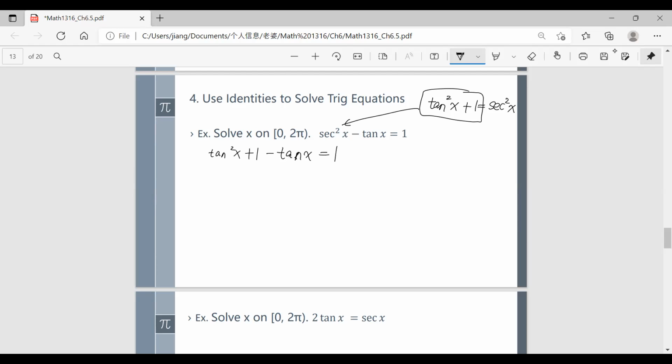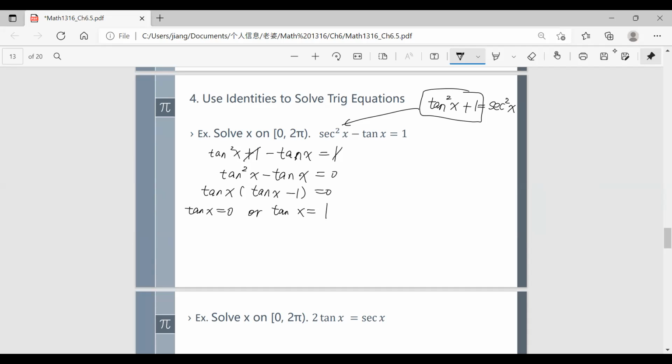And then 1 and 1 cancel out because I can minus 1 on both sides. Right now I have tangent x squared minus tangent x equals 0. Pull out the tangent. Tangent x times tangent x minus 1 equals 0. So I have two conditions. One is tangent x equals 0 or tangent x equals 1.